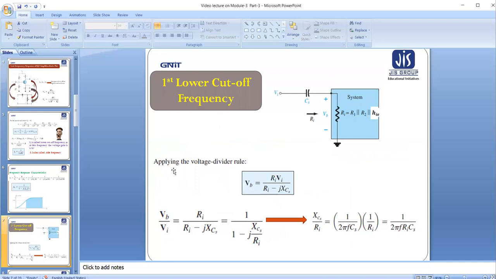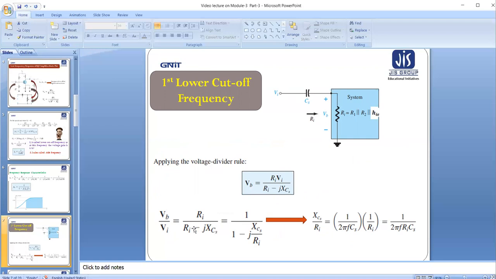Applying the voltage divider rule, the base voltage VB can be written as Ri into Vi by Ri minus jXCS.